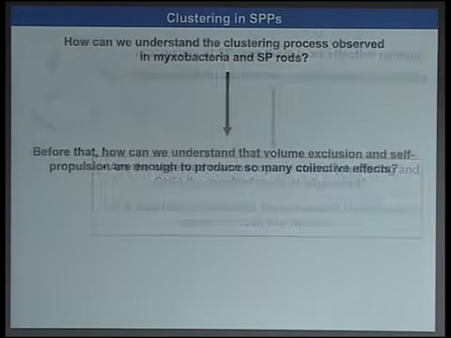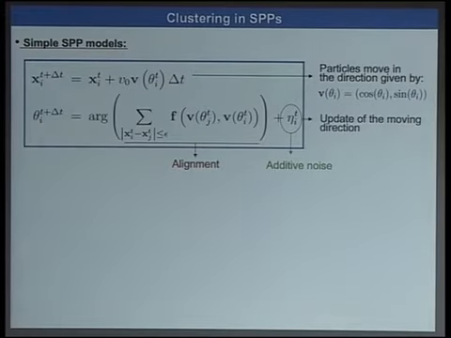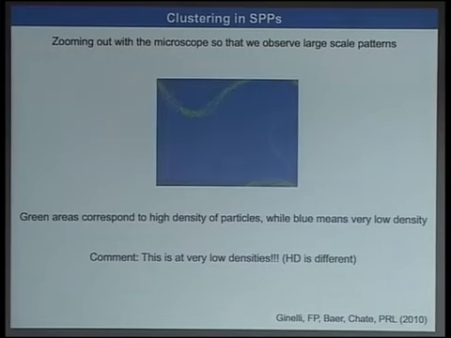For studying these kinds of things, we study a simplified self-propelled rod model, in which the particles move at constant speed and align nematically. I mean, they may point in the same direction or in the opposite direction. So this is a la Vicsek, but with a different symmetry.